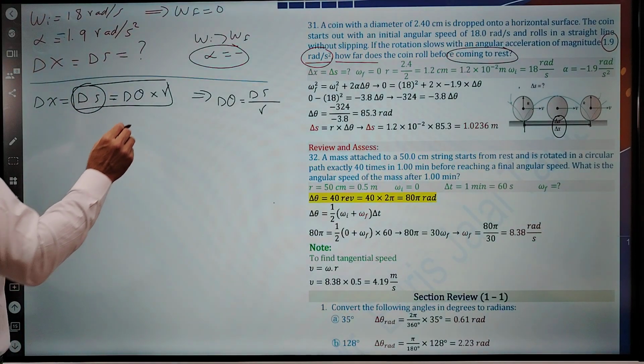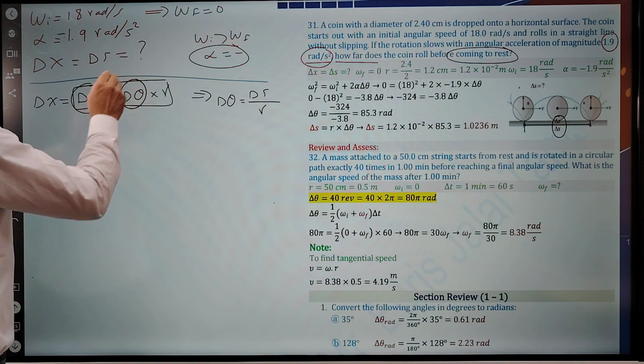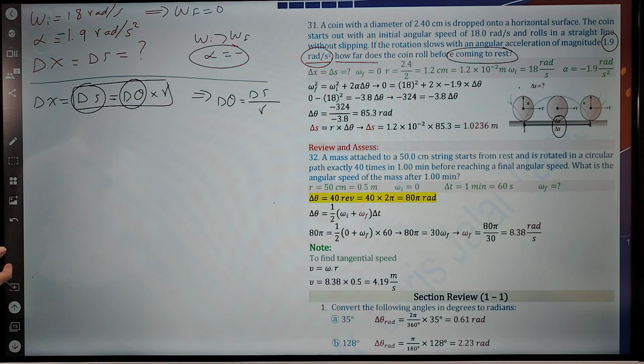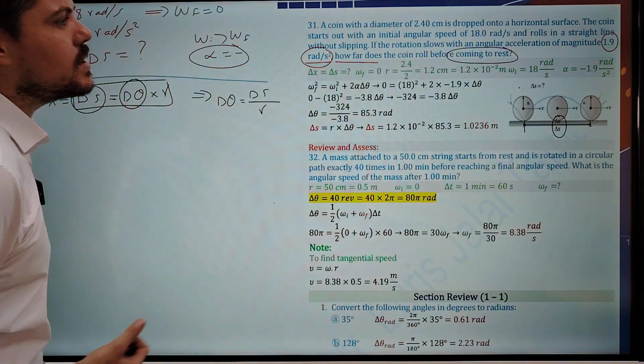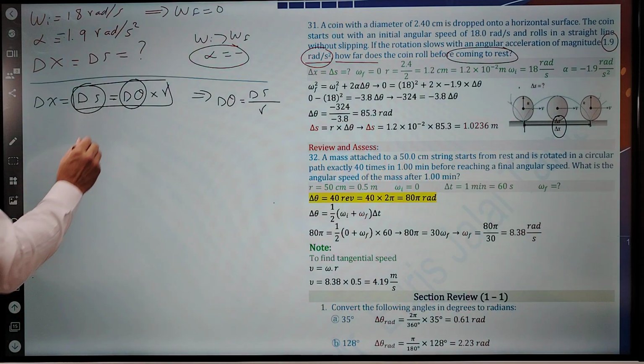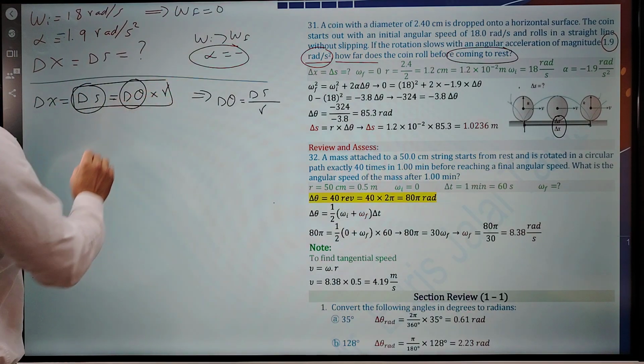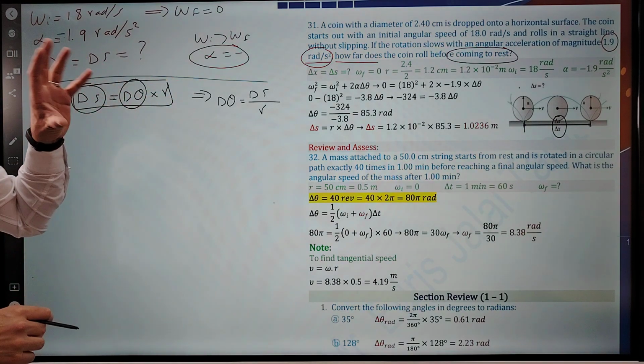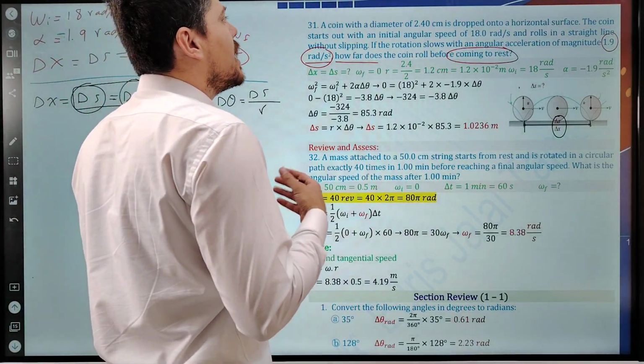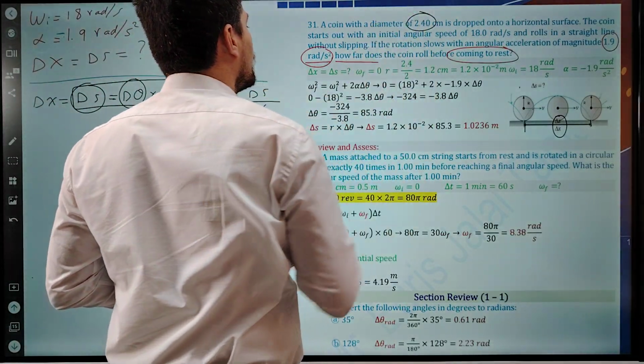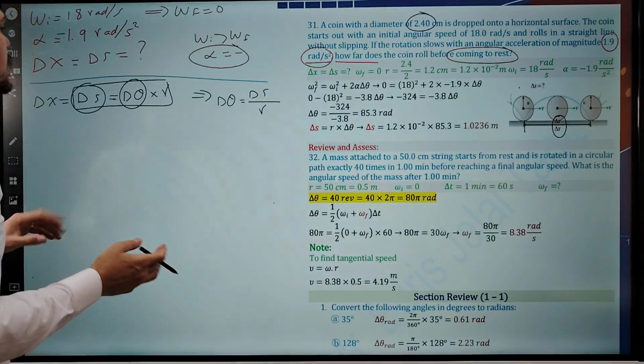But in this question, do we have theta? No, we don't have theta. The theta is not given in this question. So that is why we have to find theta. Do we have radius? Actually, the radius is also not given directly, but the diameter is given. Can we convert diameter to radius? Yeah, of course.